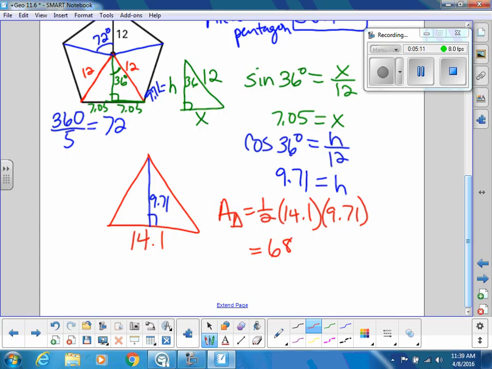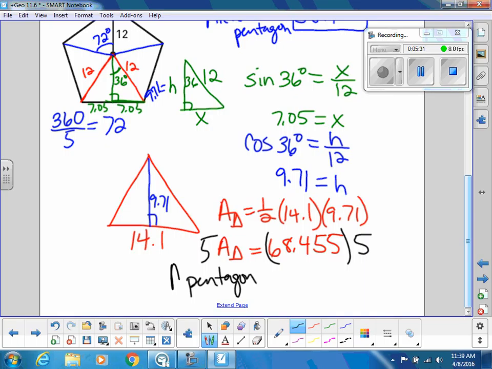So I'm getting 68.455 for a single area of a triangle. Let's round that up. And so we still have a pentagon, so we're going to multiply that triangle by 5 since there are 5 triangles. So the area of the pentagon is going to be equal to 342.28. All right.